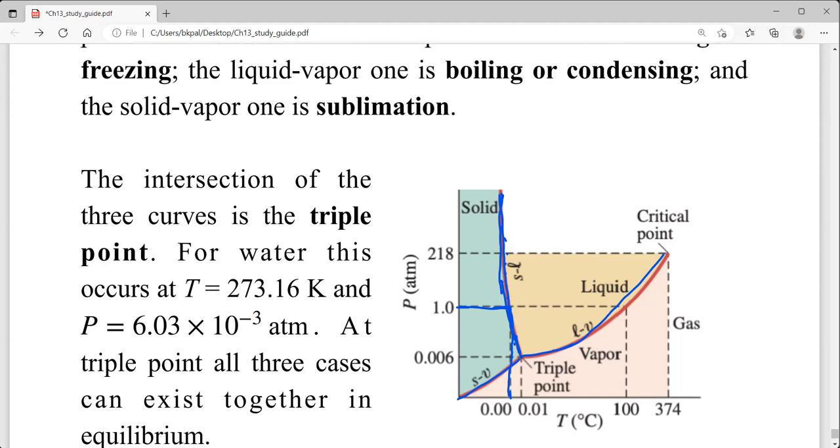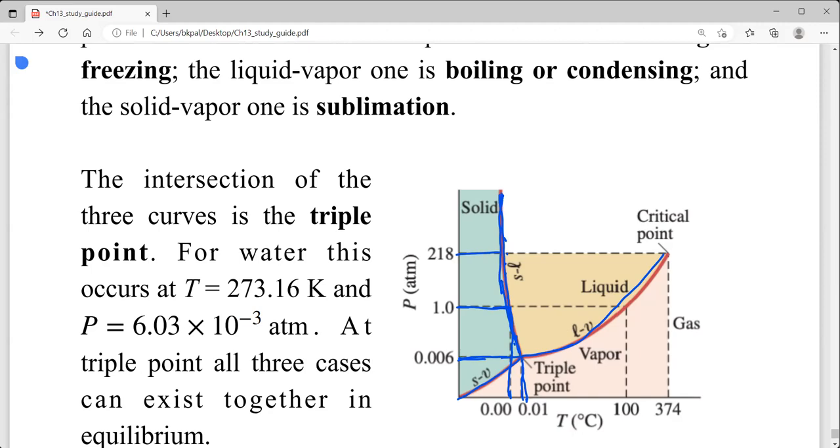But if the pressure is different, then the melting point will be different. For example, at 0.006 atmospheric pressure, the melting point is 0.01 degrees Celsius. So you see that 0 degrees Celsius is the melting point of water when the pressure is 1 atmosphere. If the pressure is different, the melting point will be different.